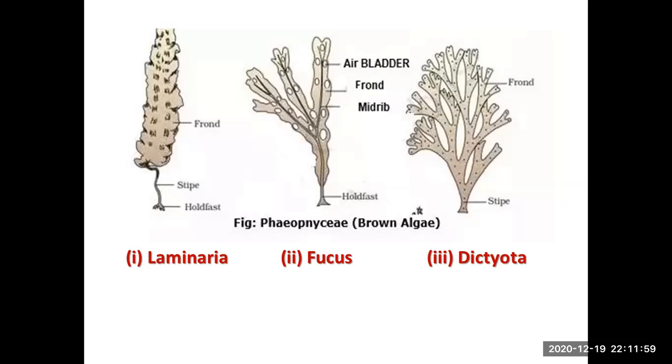Stipe is a stalk and frond is the photosynthetic leaf-like part. Fucus frond consists of air bladders and midrib.